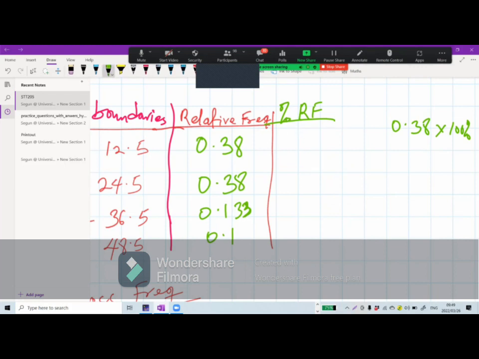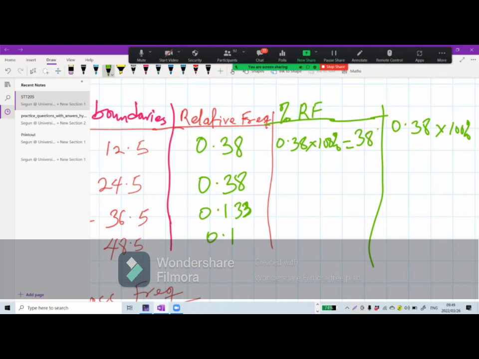Just hold on. 0.38 times 100% is equal to 38%.